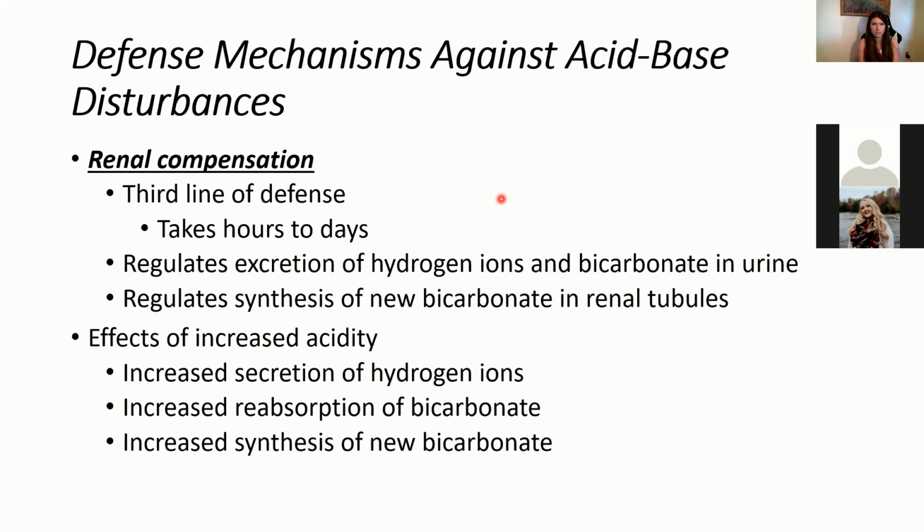So remember that secretion basically ultimately causes elimination of whatever we're secreting, because secretion is going from the plasma into the fluid in your renal tubules, which is essentially urine. It's like future urine, right? In those same states of increased acidity, we're going to want to reabsorb bicarbonate so that we can buffer out that hydrogen in the plasma. We're also going to increase our synthesis of new bicarbonate, because while we're reabsorbing bicarbonate, if what we want is more bicarbonate, let's just make some.